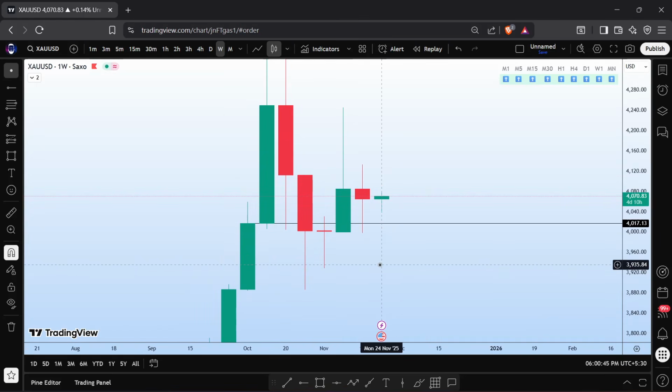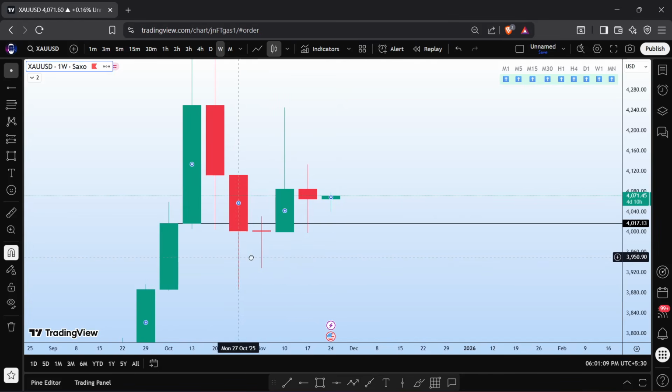So we will be using that small reaction as an opportunity to look for buys. In this example, it was a bullish gap, right? The moment price touches it, we could expect the market to react from this higher time frame key level, and we can make a small buy.